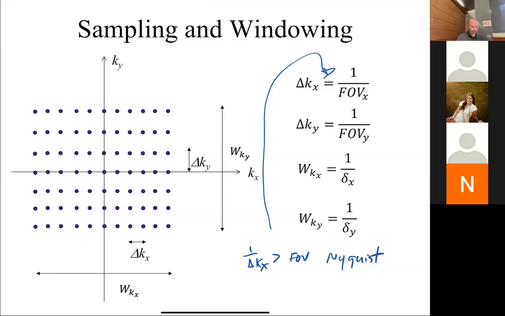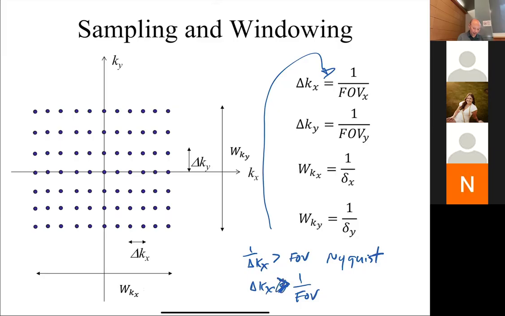So if you end up with something where it can't do that, then you know you have to change your parameters such that delta kx is less than 1 over the field of view. Is it greater than or less than?